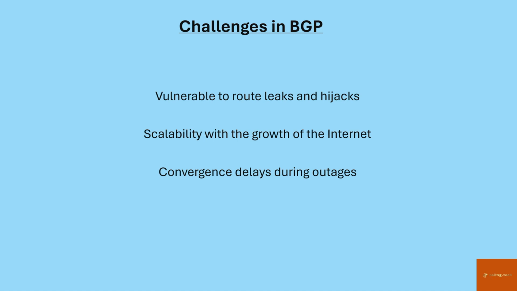Convergence is when something changes within the routing tables, and that change has to be sent out to all routers around the internet, or at least downstream from wherever that particular change has occurred. But again, we'll go into this in a lot more detail later on in the course.